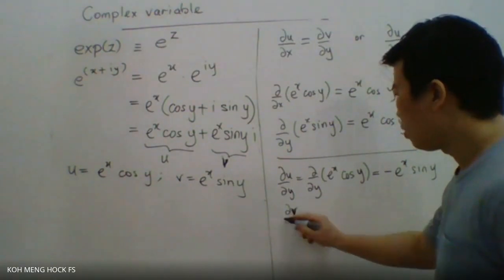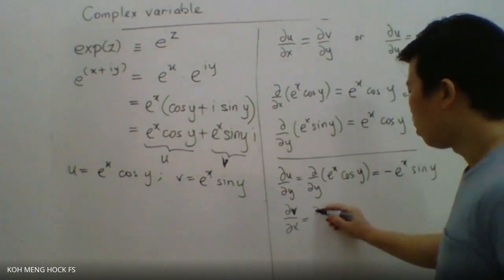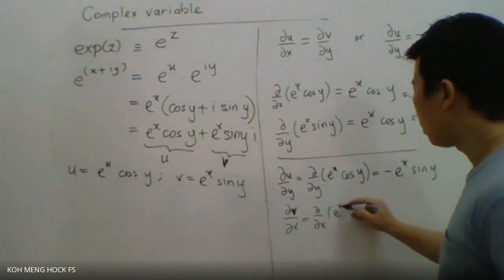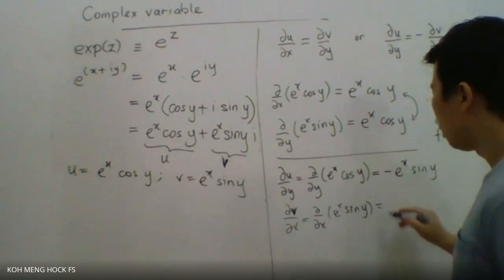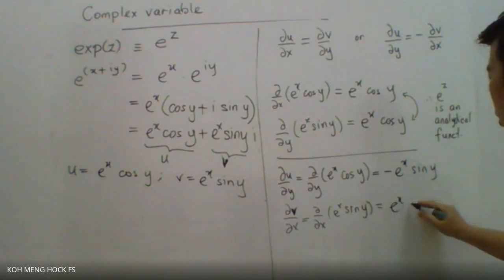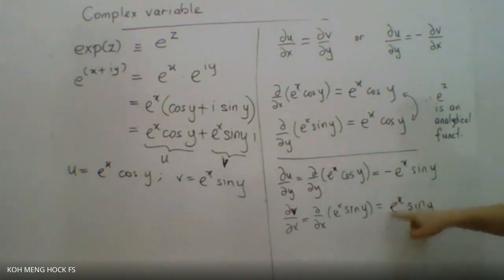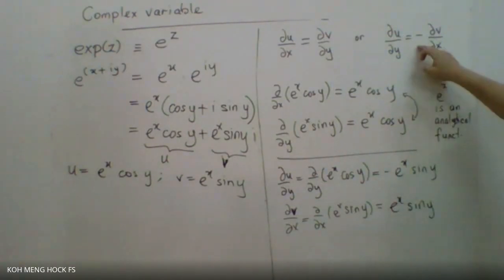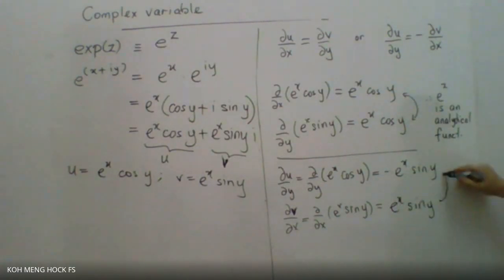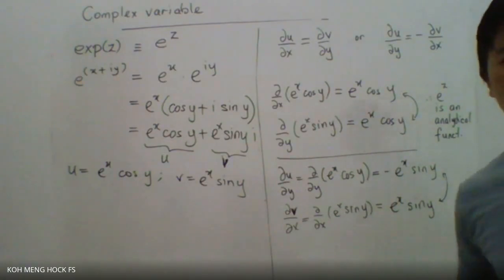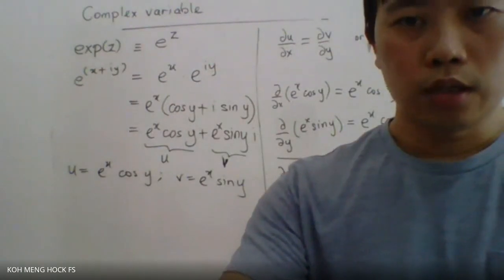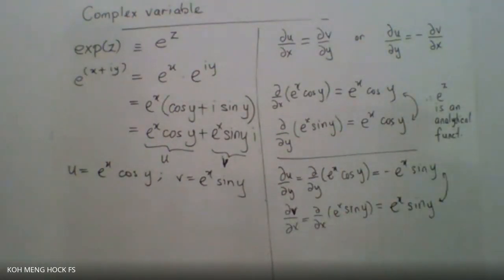Now let's take dv/dx. v is e^x sin y, so dv/dx is going to be e^x sin y. You see there is a negative here, so when you multiply by negative, they cancel, and this is the same. So we have done the second part, and we will reach the last part, which is on the Laplace equation.